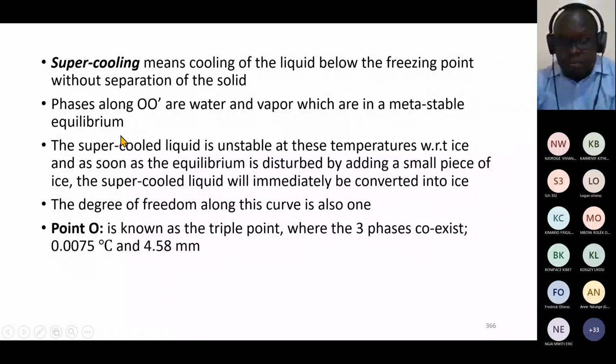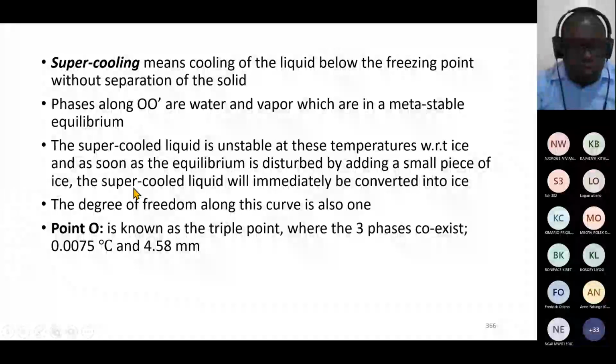So they are very unstable. The supercooled liquid is unstable at these temperatures with respect to ice. And if we disturb the equilibrium by adding a small piece of ice, the supercooled liquid will immediately be converted to ice. The degree of freedom along this curve is 1.